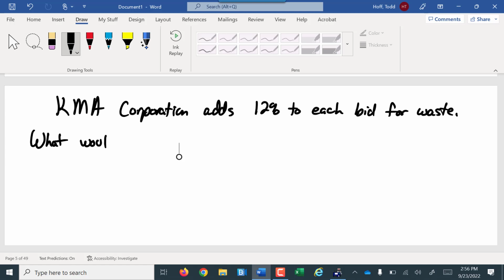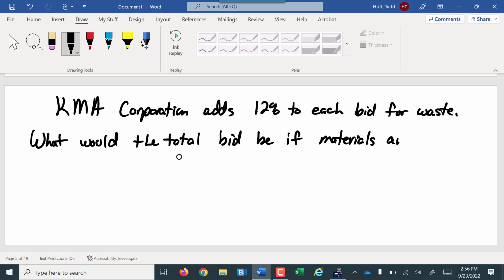What would the total bid be if materials are estimated as $48,320?